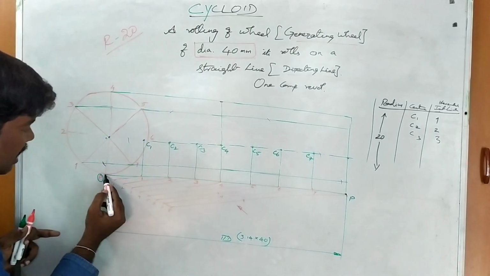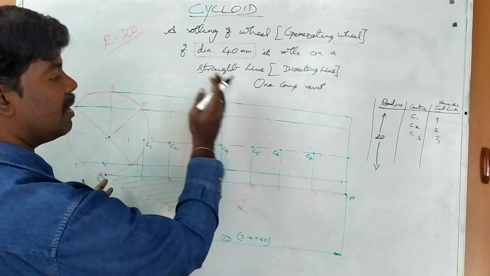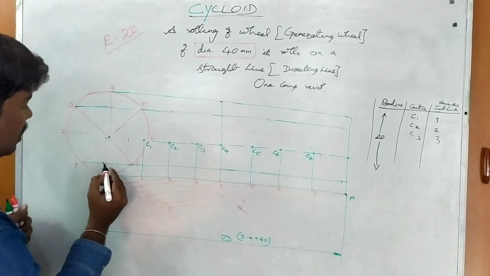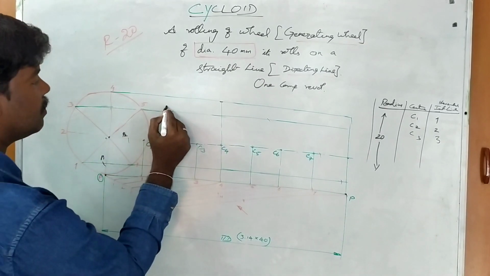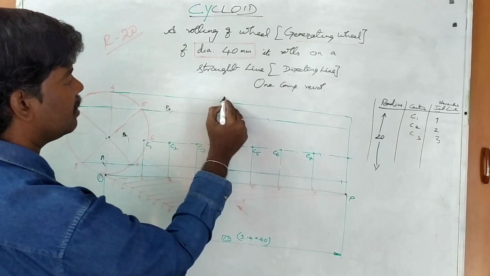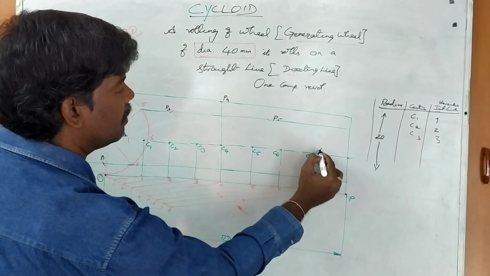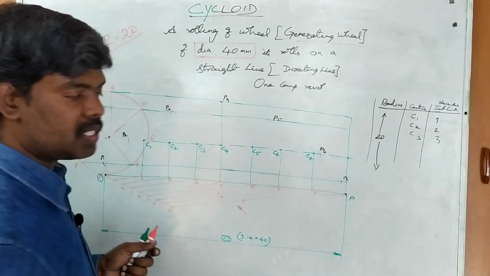So starting is here, ending is also here, and the exact middle is topmost. Now you join all the points. So this one is P1, then P2, that is P3, P4, P5, P6, P7, and the last one, P8, is nothing but P.